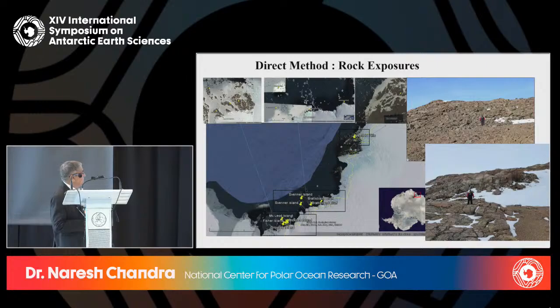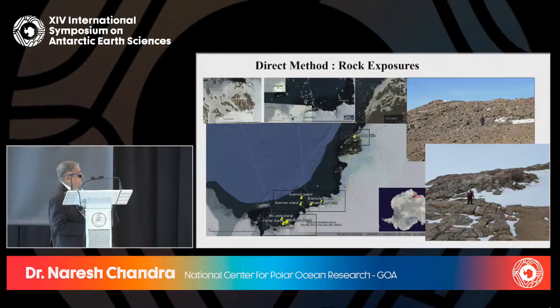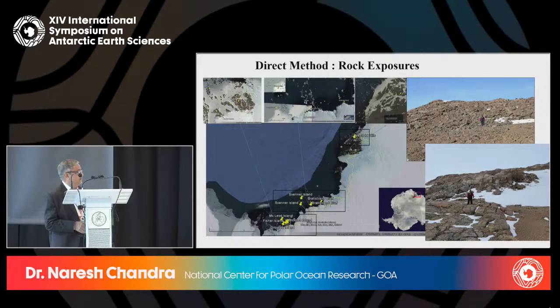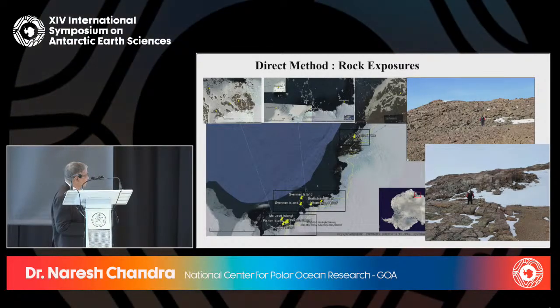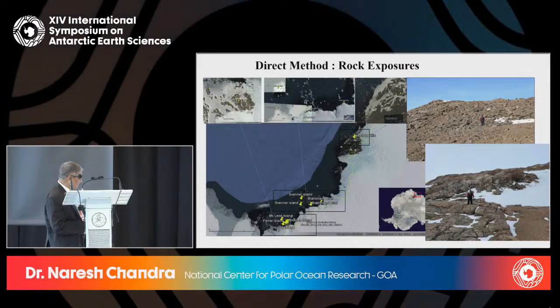Well, so we look at, for example, the way these direct exposures can be explored, and I do not spend much time, but I show an area where the example of this work will be shown.